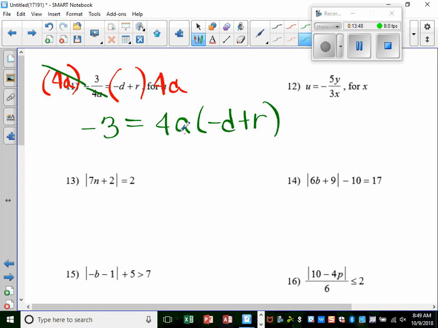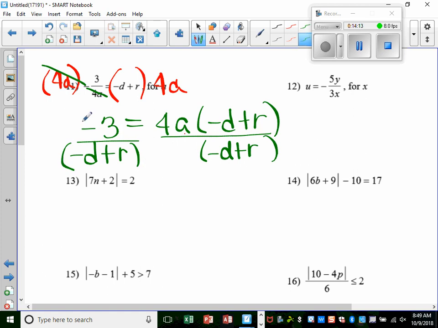All right. Now, my goal is to try to get this a by itself, but first, this 4a is being multiplied by all of this. So what's the opposite of multiplication? So I'm going to divide by the negative d plus r. Okay.